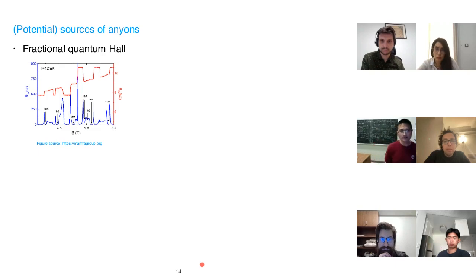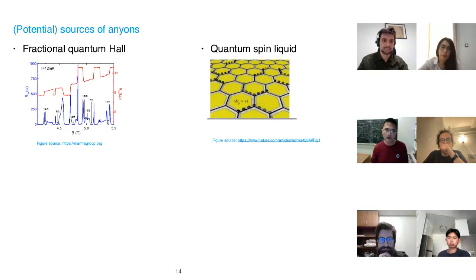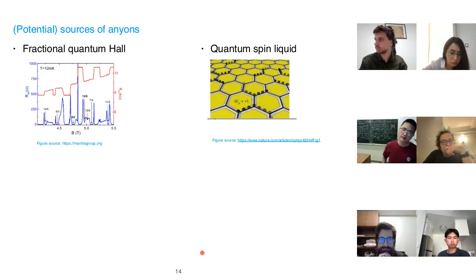Under some conditions on the magnetic field and temperature, we can find the quantized Hall conductance, and it is believed such systems host quasi-particles or anyons. Also, the so-called quantum spin liquid, some exotic magnetic materials. These materials, even at zero temperature, have spins that are still disordered, and instead they form a so-called topological order.